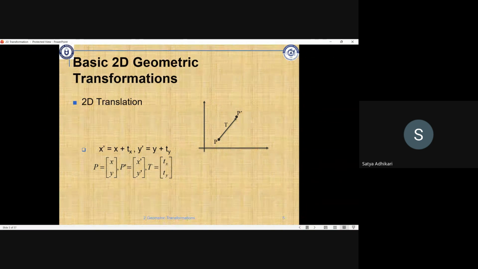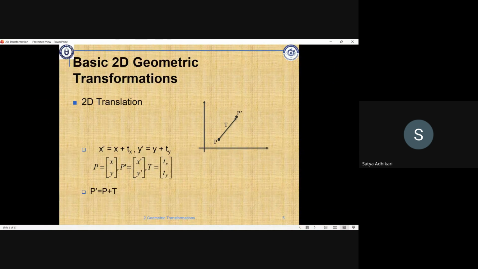And this is the matrix now. That is P equal to xy, P dash is equal to x dash y dash, and T equal to Tx Ty. All of these are column matrices, one column and two rows.